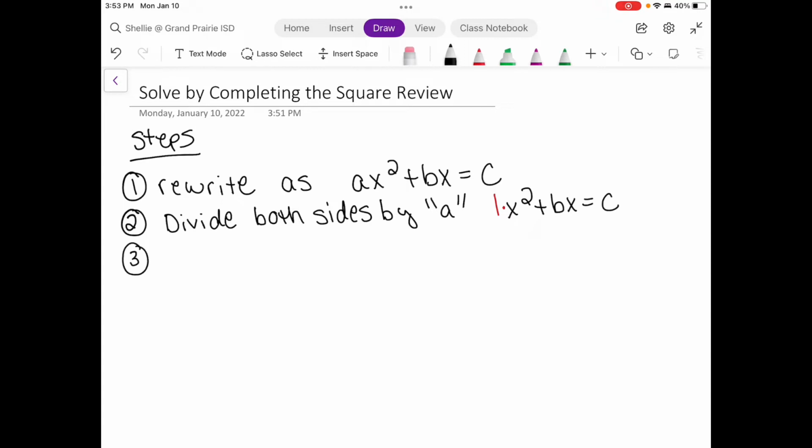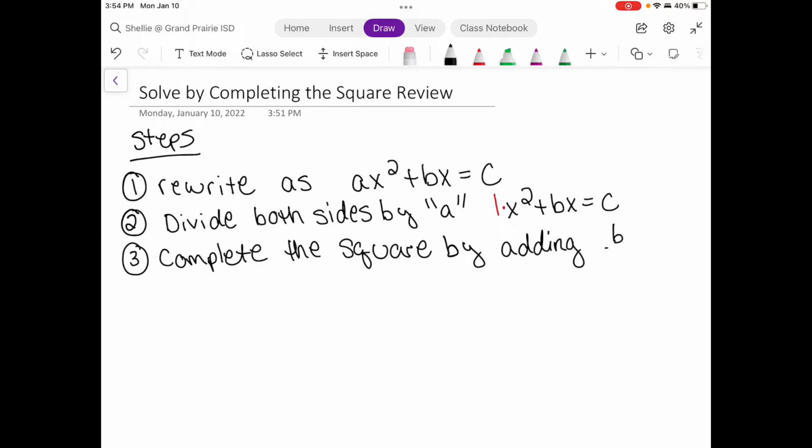The next thing you need to do is complete the square. The way that you do that is by adding the magic number to both sides. So you complete the square by adding b over 2 squared to both sides.